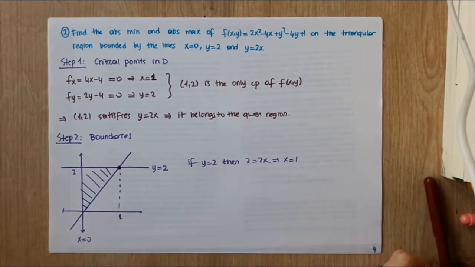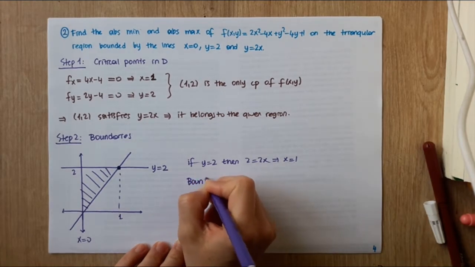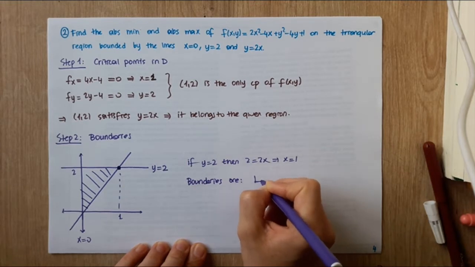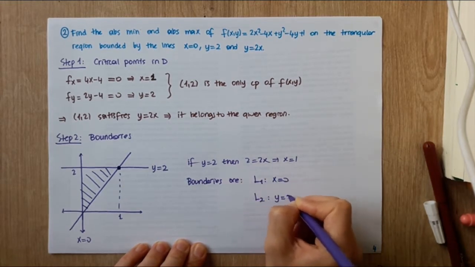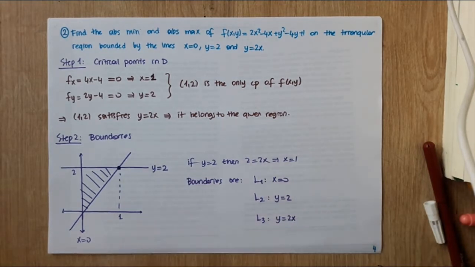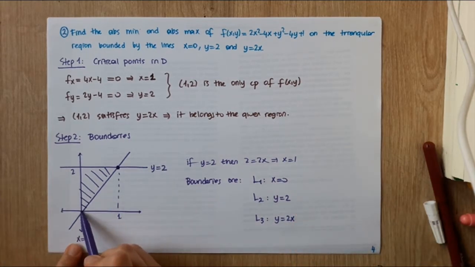As you can see, we have three boundaries: first of all, the x is 0 line, and then the y is 2 line, and at the end the y is 2x line. Okay, so when x is 0, we have y between 0 and 2.